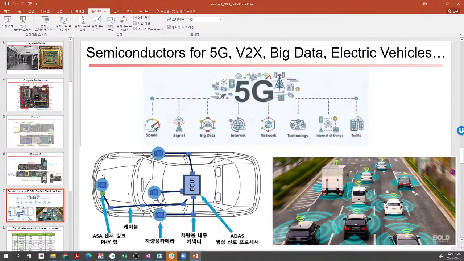There is a lot of traffic going through inside the car, right? And even between cars, we have to deliver a lot of data, right? So all of this comes down to data traffic. We have to transmit and receive the data efficiently, and also process it efficiently.